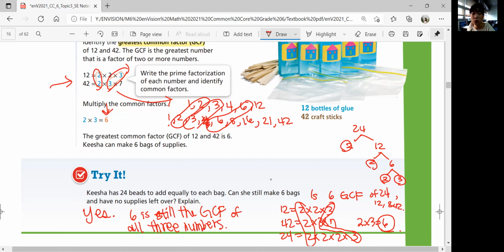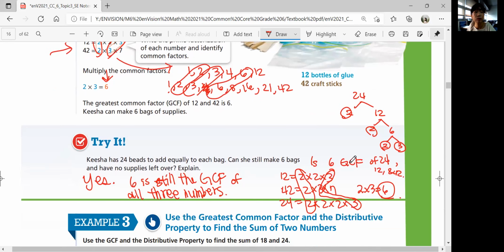Okay, that is why she can add 4 beads to each bag, because 24 divided by 6 is 4. So if she adds 4 beads into each bag, you have 6 bags total, and you have no remaining beads.